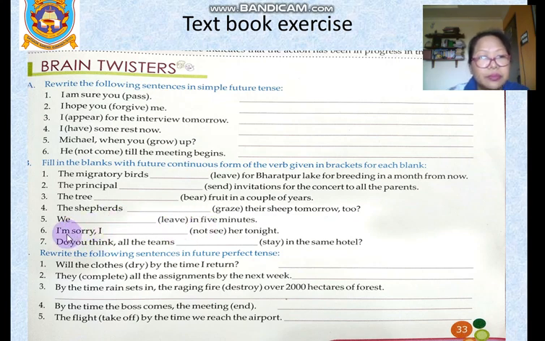Then the seventh sentence is a question again. Do you think all the teams will remain as it is? What is the rule for continuous tense in an interrogative? Will or shall will come before the subject.